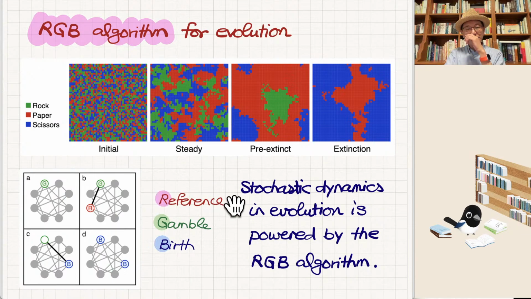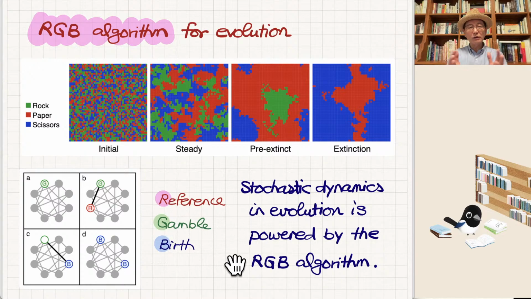And so for those who are interested in this reference, gamble, and birth thing, maybe I should explain a little bit here. So how do you do this whole update from one molecular stage to the next one? We use 3 different rules: reference, gamble, and birth.